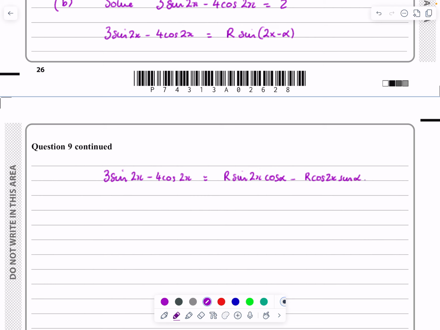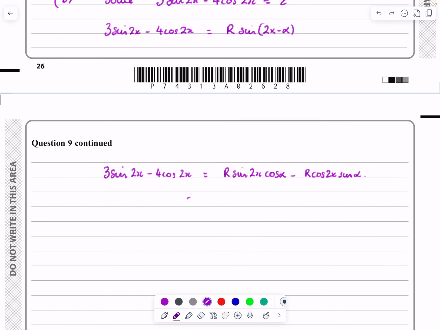And the key is that I chose one where that was a negative in there, so we can just really easily say whatever I'm multiplying by sine 2x on this side is the same as what I'm multiplying by sine 2x on this side. You should have done lots of these. We always end up with very similar from this point on.